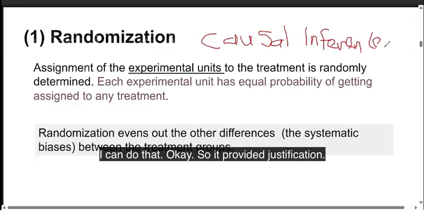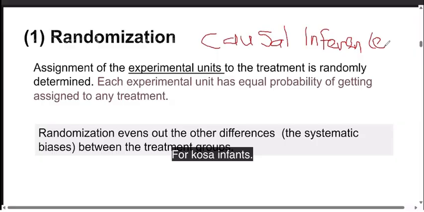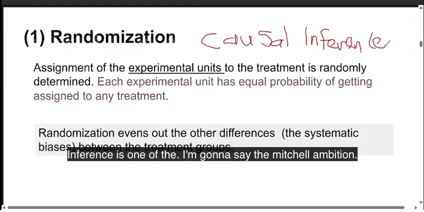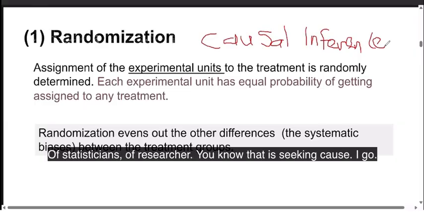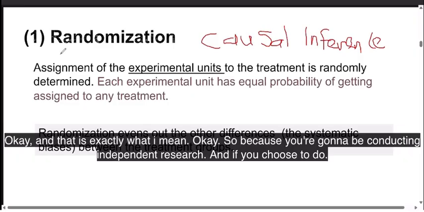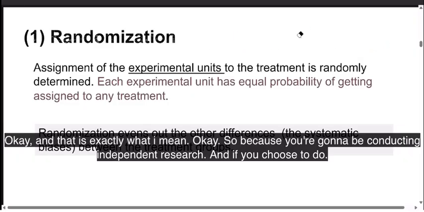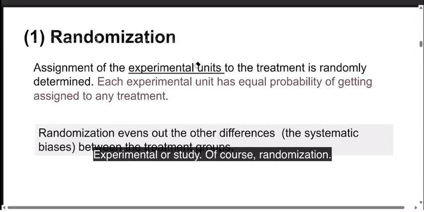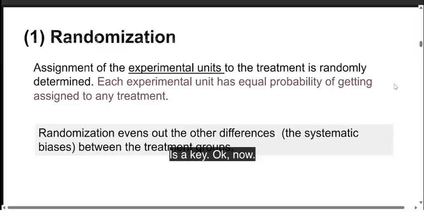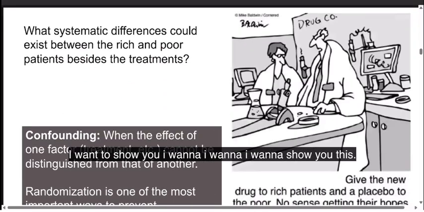So it provides a justification for causal inference, and causal inference is one of the major ambitions of statisticians and researchers seeking a causal goal. Because you're going to be conducting independent research, if you choose to do an experimental study, randomization is key.